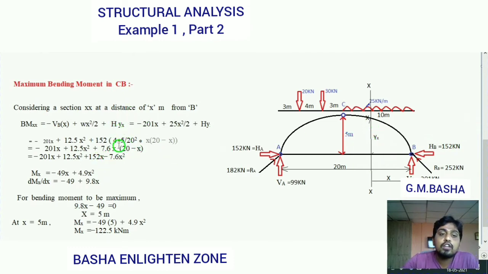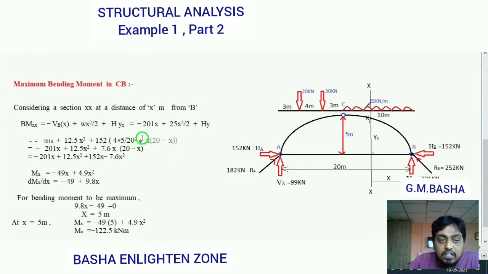Again we don't know the yx, so for that purpose I told you the formula 4r by L square x into (L minus x). See here, I clearly mentioned in the next step, VB value will be 201, w will be 25 by 2, which is 12.5 x square, plus the H value here, 152, and yx will be 4r by L square x into (L minus x), where r will be equal to 5, L is the total length of the span, and x is the distance from where we have to consider.